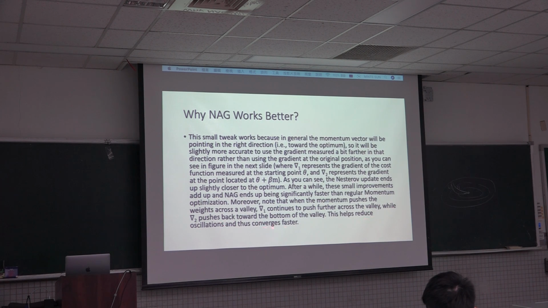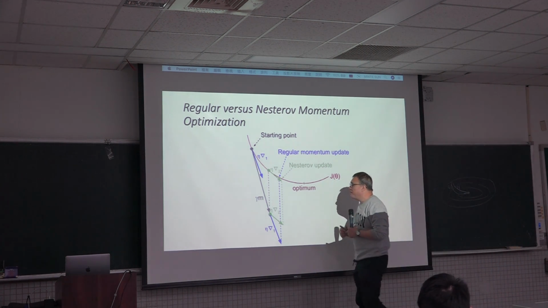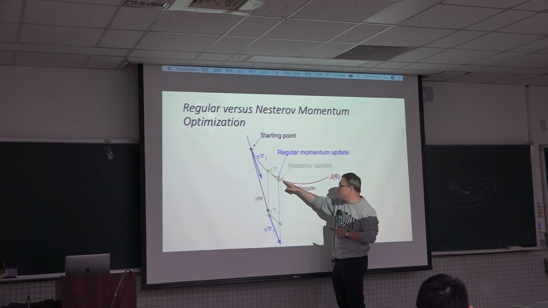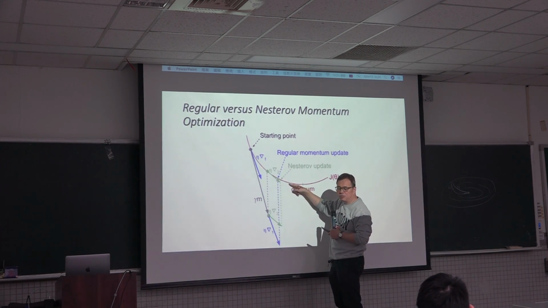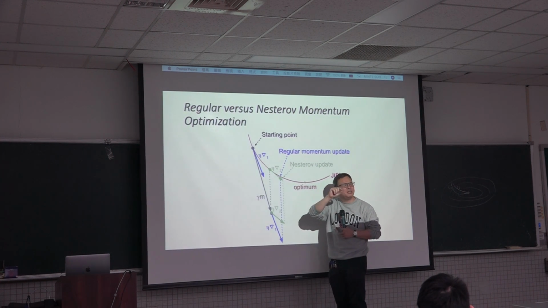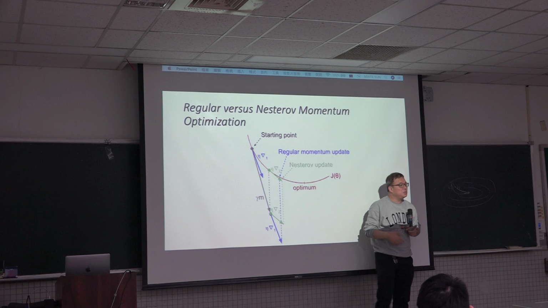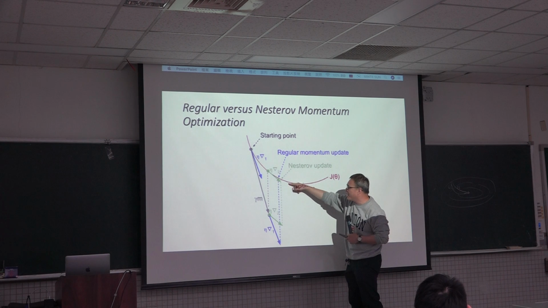Also, note what happens when the momentum pushes the weight across the valley. Let me still use this one. Remember, when you are close to the bottom, because you have speed, and now you are trying to calculate the gradient, it is still positive here, so you still increase the speed a little bit. So it's going to roll past this point. Previously, I told you momentum optimization is going to move past here and then come back, past here and come back.